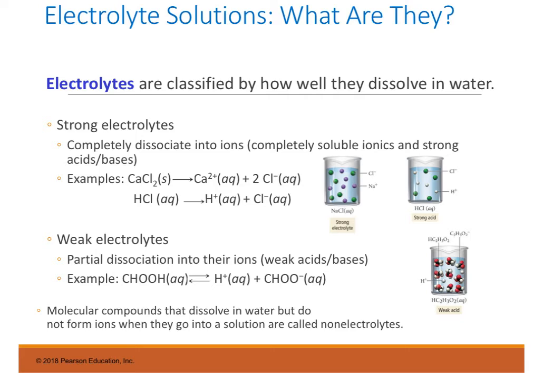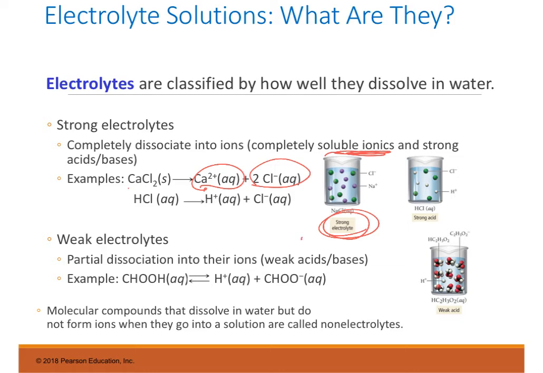So how do you determine whether something's an electrolyte or not? All soluble ionic compounds, and if you haven't seen an ionic solubility chart yet, that's something you'll have to get real familiar with pretty quickly, will dissociate into ions when dissolved and therefore will be a strong electrolyte.